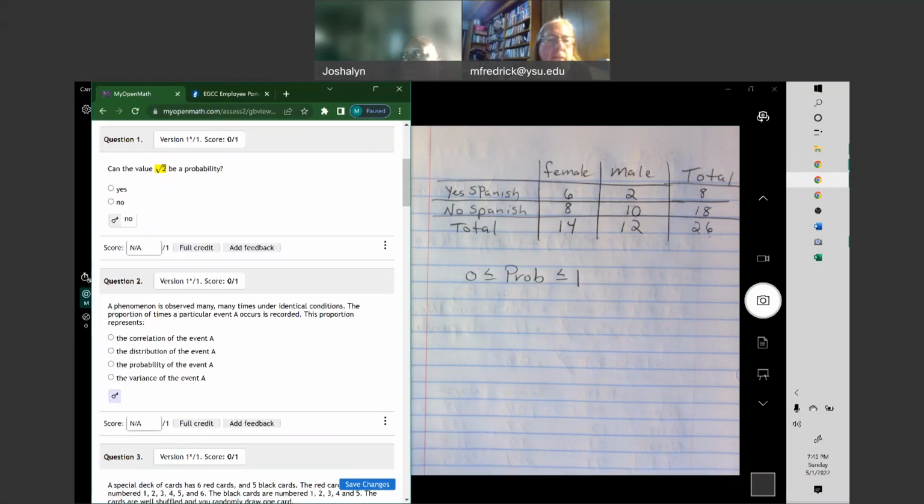Phenomena is observed many times under identical situations.